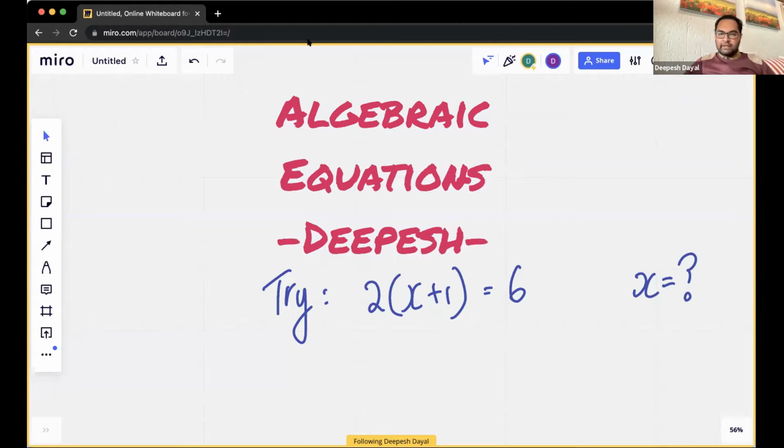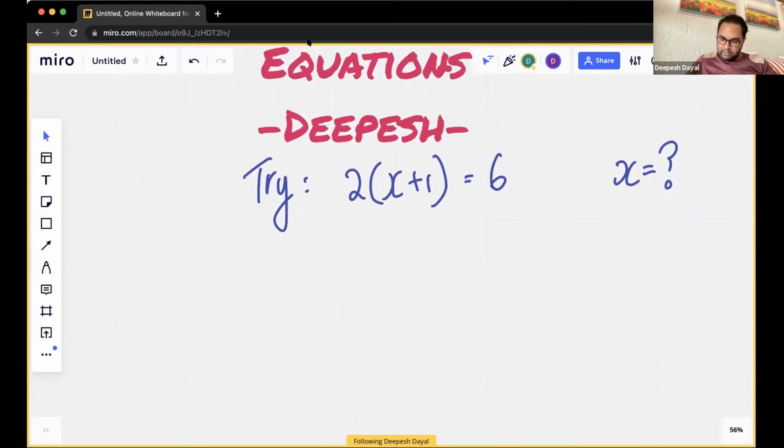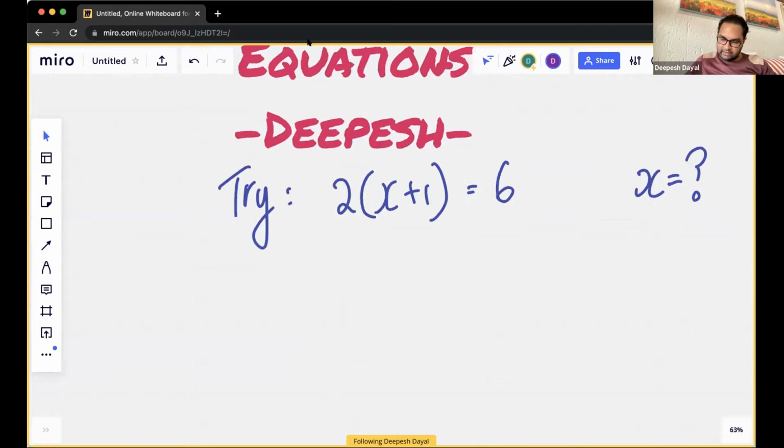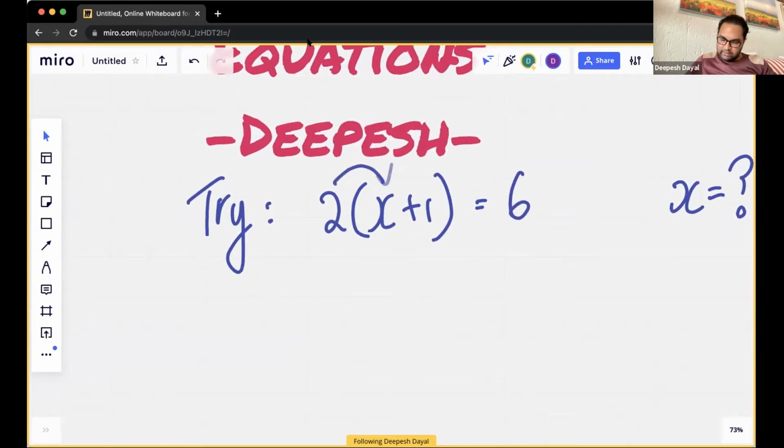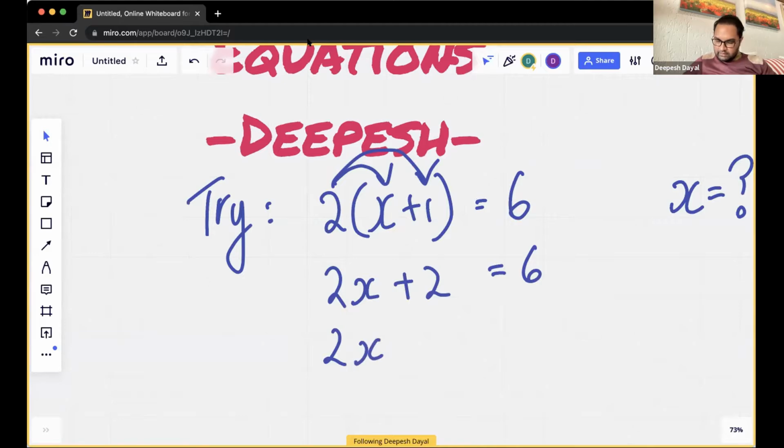Okay, I've got a few different answers here. So the first thing we're going to do is something which we call distribute, where we're going to times into this bracket, the 2. So we're going to distribute here like that. So it's going to be 2x plus 2 equals 6.